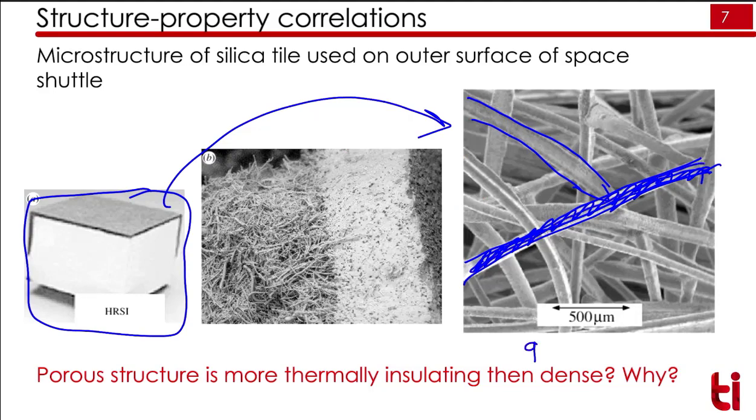This is almost 90% porous, and due to this porosity there is air trapped inside, and as we know air is a bad conductor of heat, so it behaves like a highly thermally insulating material. Again the material is the same, we have only processed it differently. Instead of a solid structure we have a porous structure, and then the property has changed.